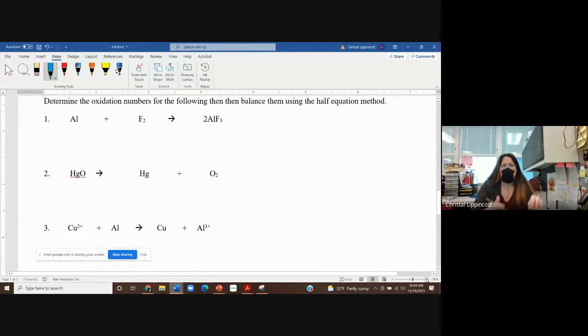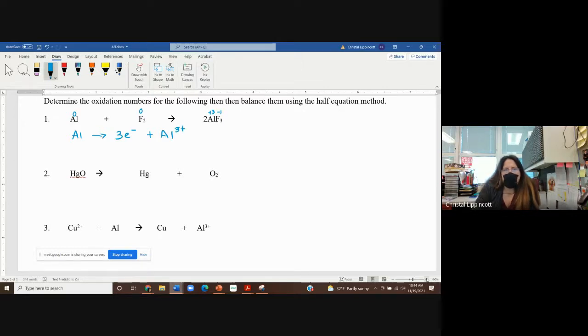Number 1. Okay, so you're determining the oxidation numbers for each of these. So this is 0. This guy is going to be a +3. This is going to be 0, and this is going to be a -1. Okay, so Al is going to give off 3 electrons and become Al 3+.